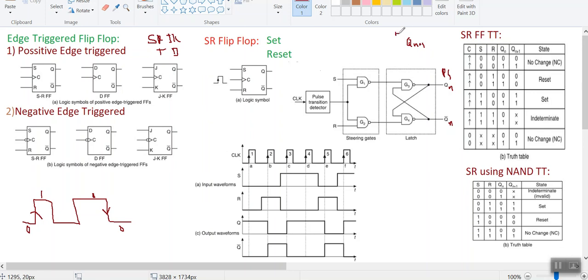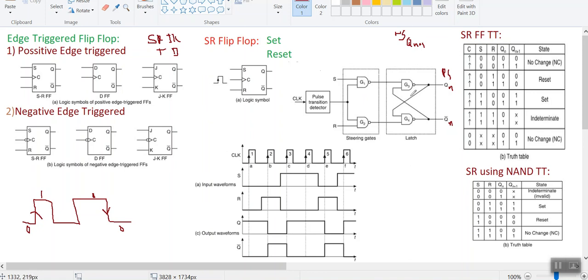We can observe in this particular SR flip-flop that this entire block can be represented as a latch using NAND logic gates. This is the latch of logic gates, and this we can consider as a steering gate.